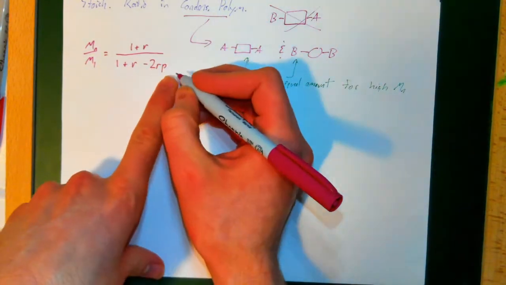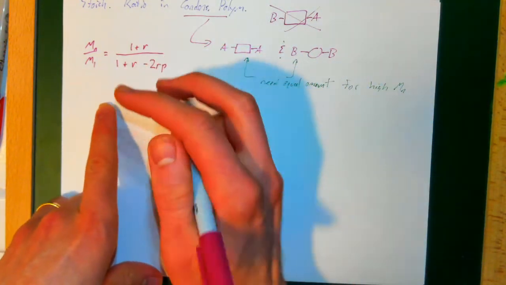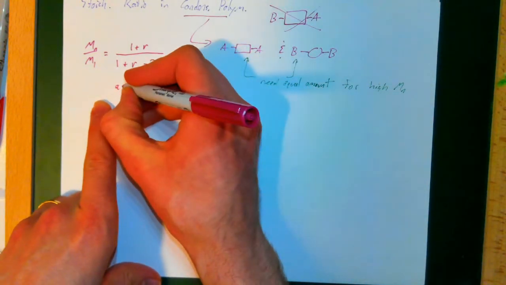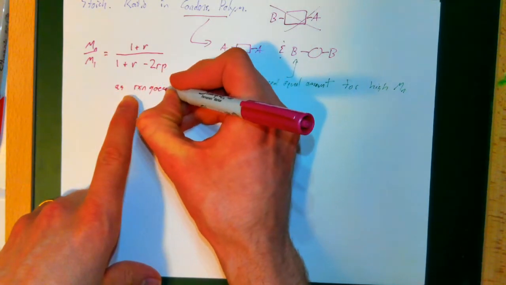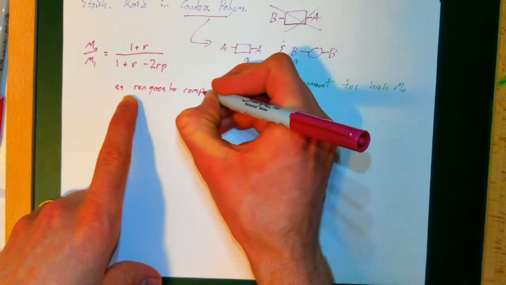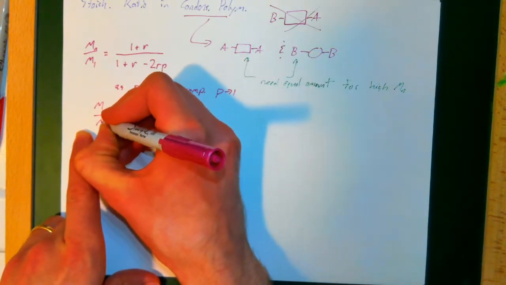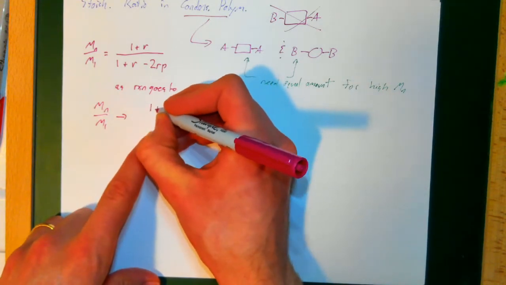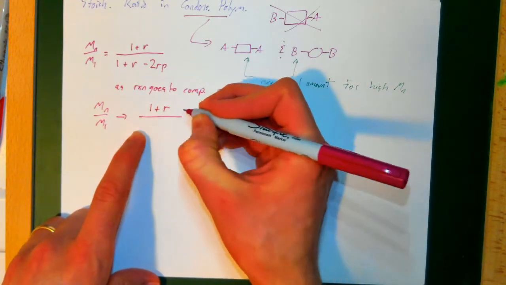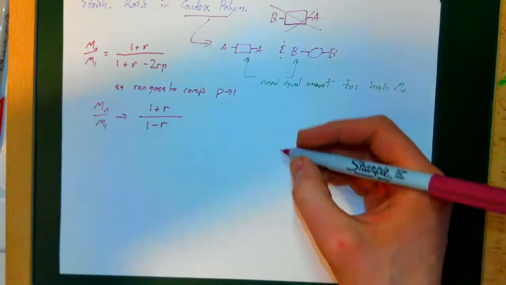And if you remember, p was the extent of reaction. So as the reaction goes to completion, p goes to 1. So that means M sub n over M sub 1 goes to 1 plus r over 1 minus r. So what does this mean?